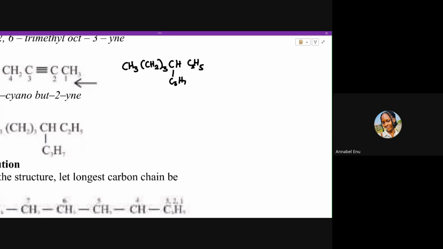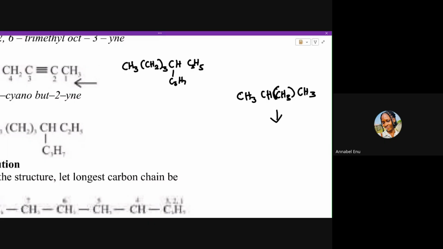For example, when we have CH3, then CH, CH3, then we now have CH3. This particular bracket CH3 is different from what this other one is talking about.